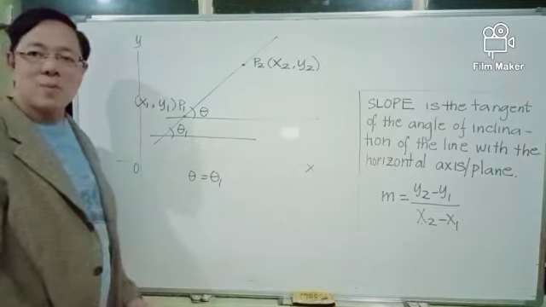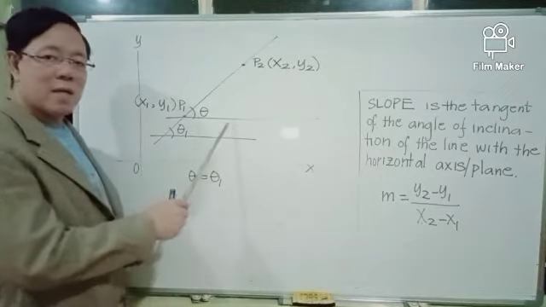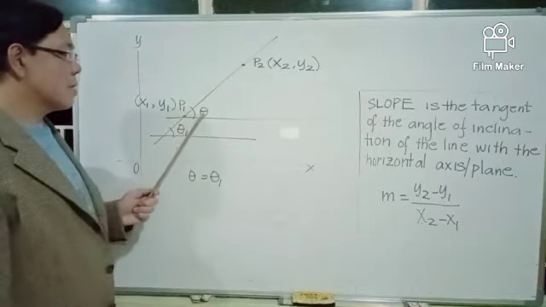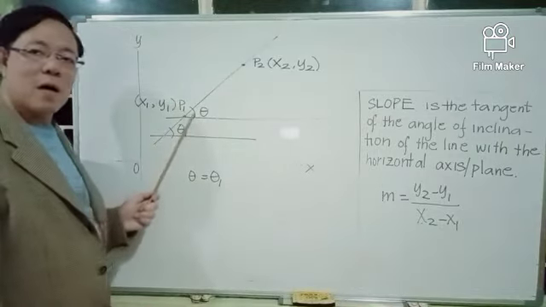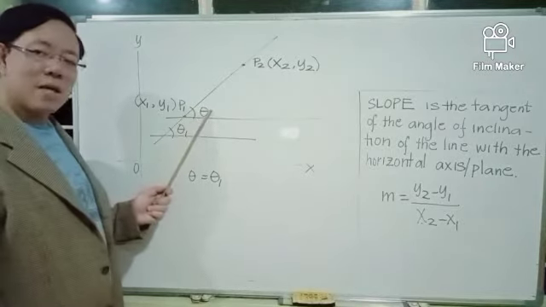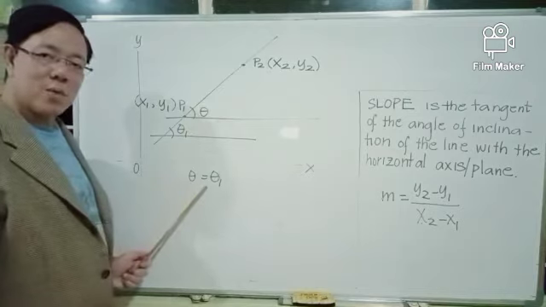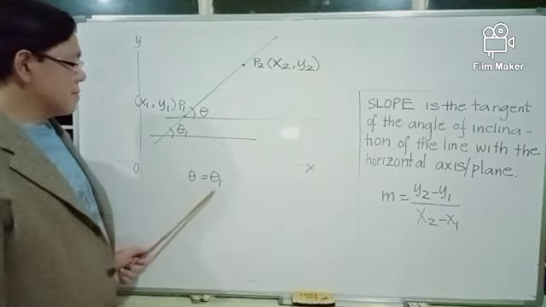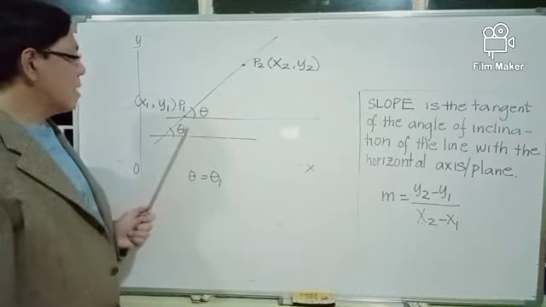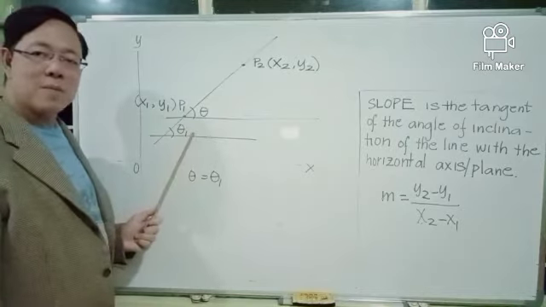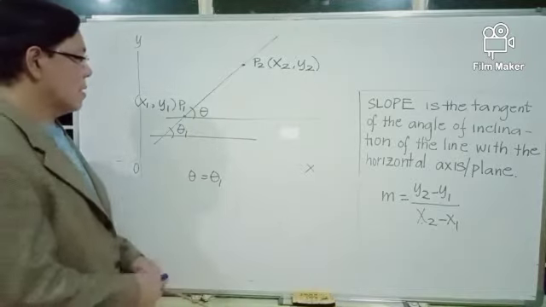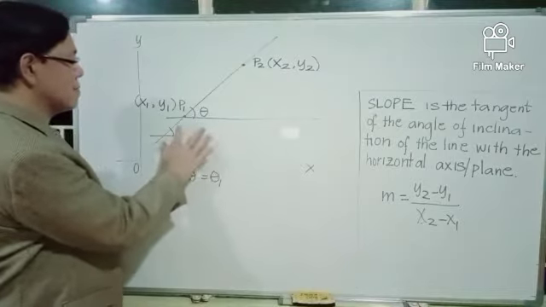And the theorem says that if two parallel lines are cut by a transversal line, the corresponding angles are congruent, which means that the measure of this angle theta and angle theta 1 are equal. Hence, this angle of inclination theta and this angle of inclination theta 1 are the same and equal angle. But I will use theta.